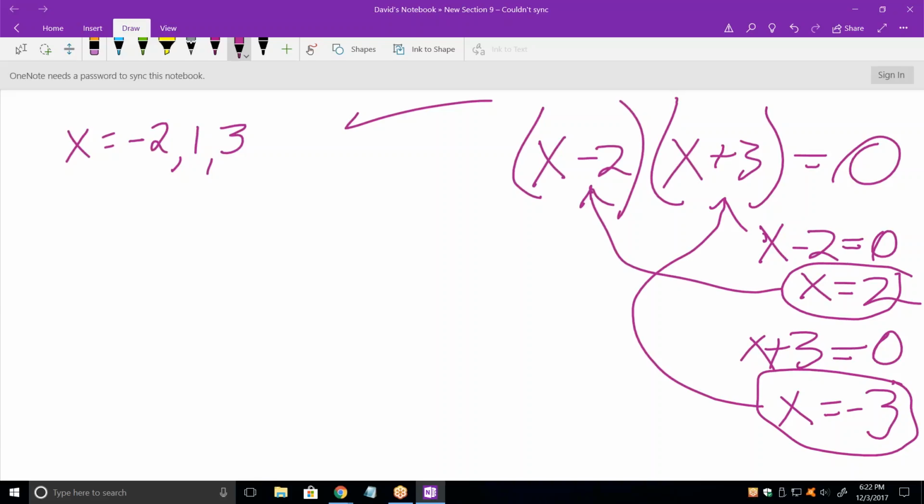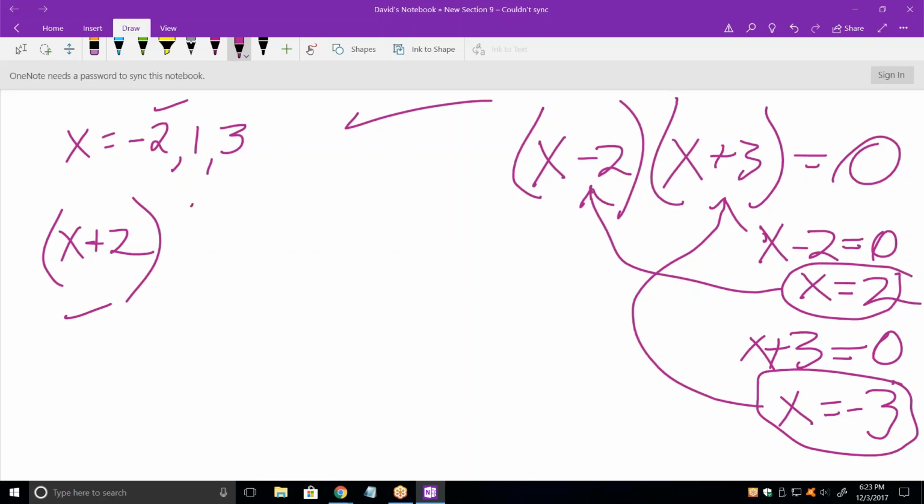What are they? x minus 2 and then x plus 3. You need the x. This is a linear factor. That's just an x value. So to convert the 0 to a linear factor, you got to go backwards.